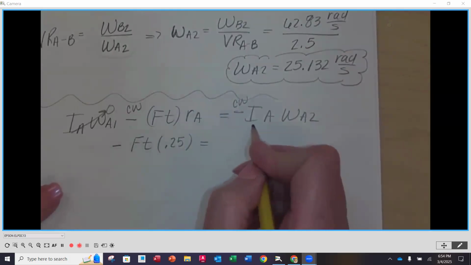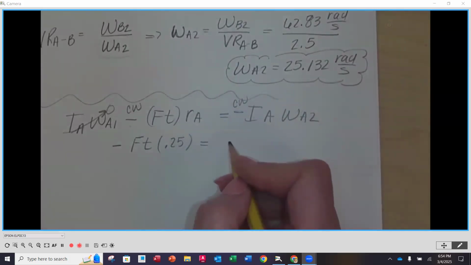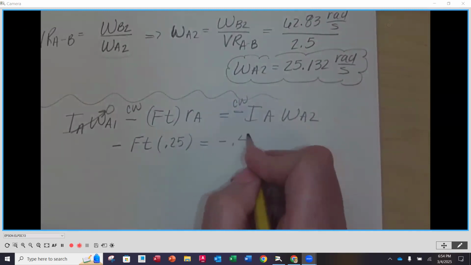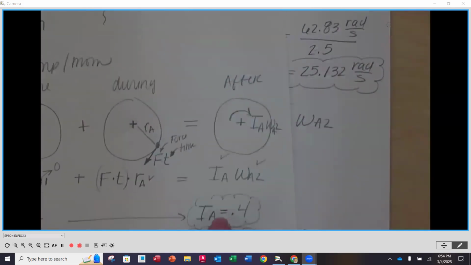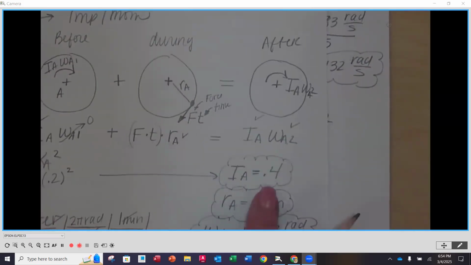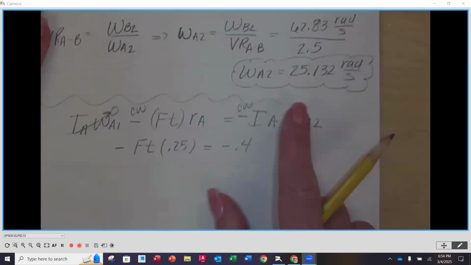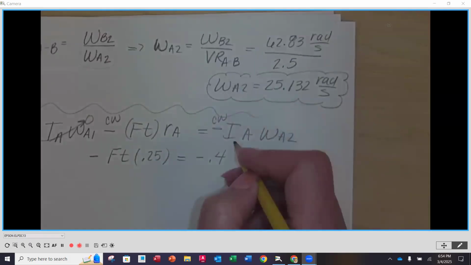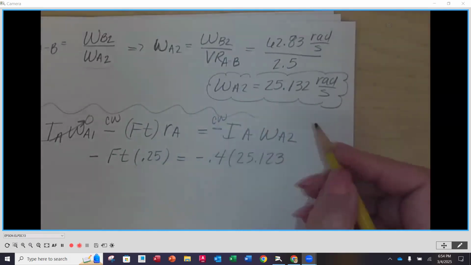It's going to be equal to, and we're going to take the negative 0.4. That's the moment of inertia of A from the previous step. So if we go back to my first page, my moment of inertia at A was 0.4. And I'm going to multiply that by my WA2 up here. So this is going to be 25.123 radians per second.